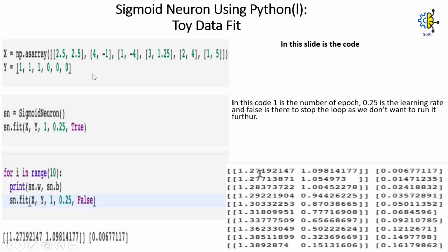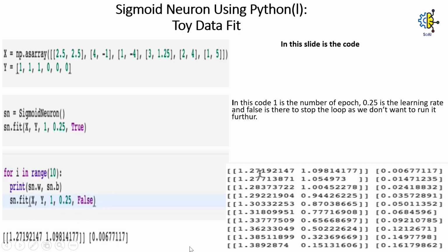And in the next line, you can see for i in range of 10. This is the loop which will iterate over the statements, that is print sn.w, sn.b. You can see sn.w is this and sn.b is this.